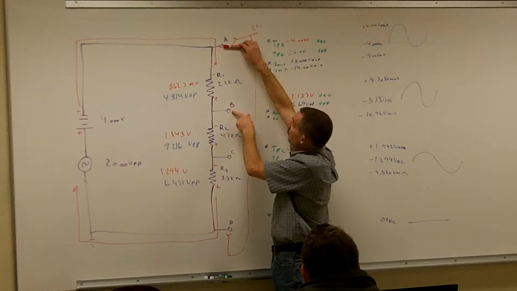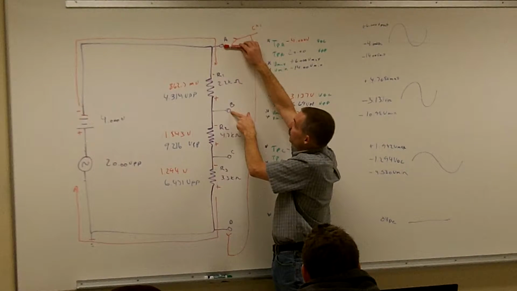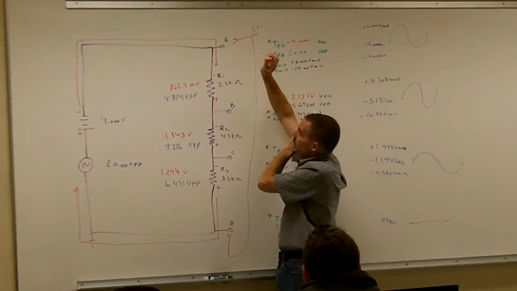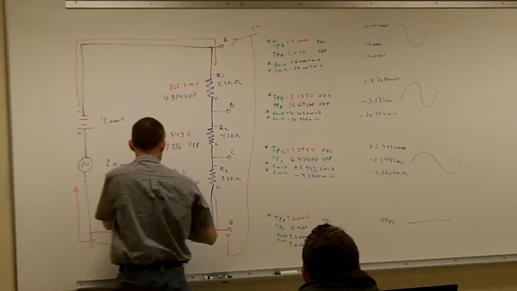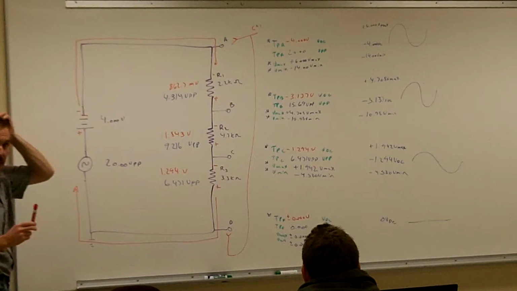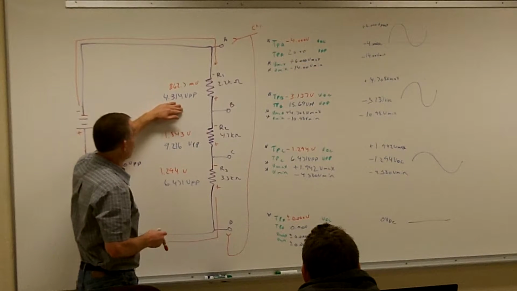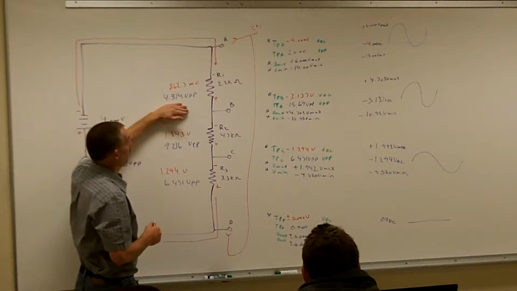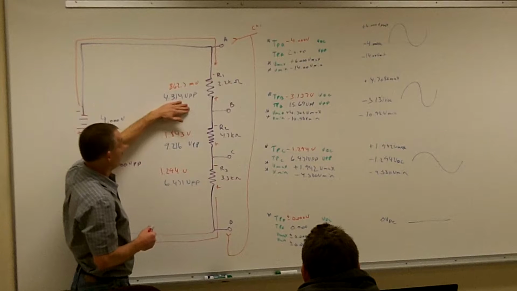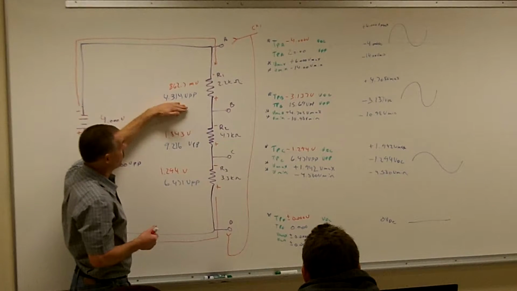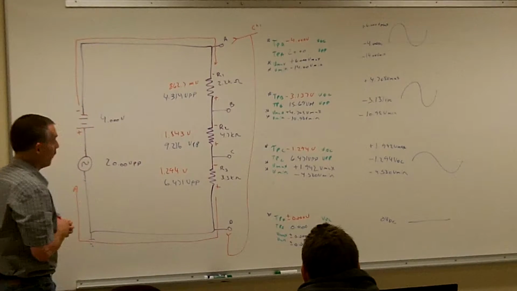If I measure the AC voltage going across it, what type of voltage would I be measuring using my digital multimeter? What type of units? RMS. RMS, okay? So you wouldn't measure the 4.314 volts peak to peak, you'd measure the RMS value of that. So you'd have to divide this by half and then multiply it by 0.707, and that's the voltage that you'd be measuring with a DMM.